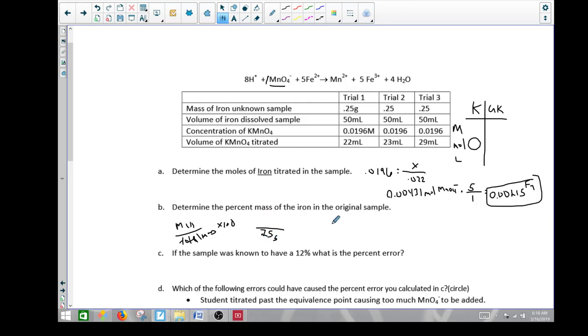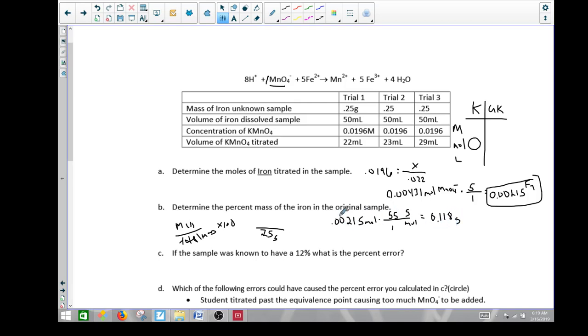So I'm going to go 0.00215 moles of iron, and I'm going to get rid of the moles of iron, go to grams of iron. 1 mole, 55 grams, times 55 equals 0.118 grams.